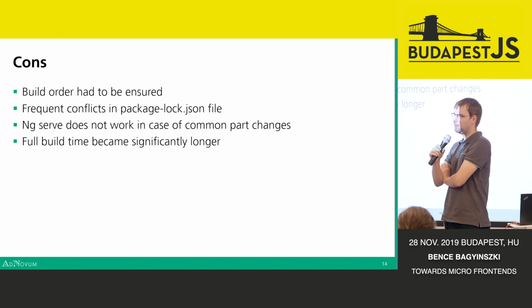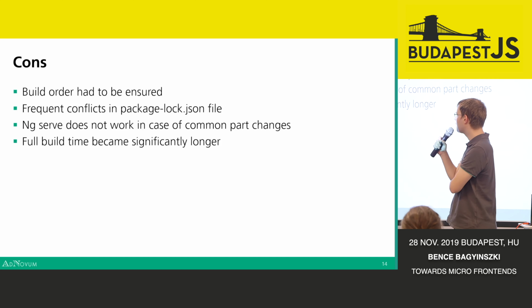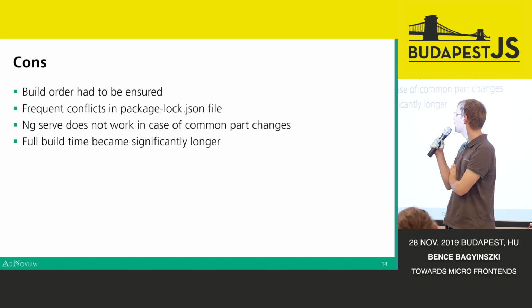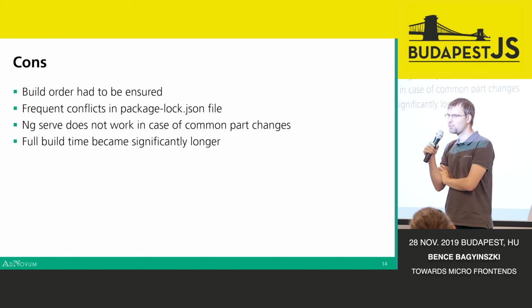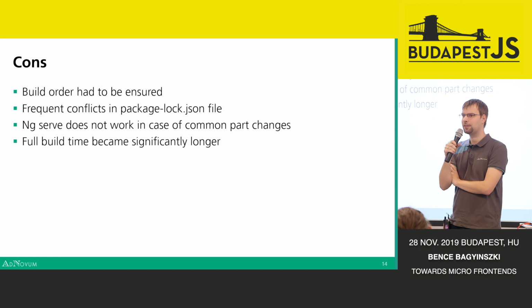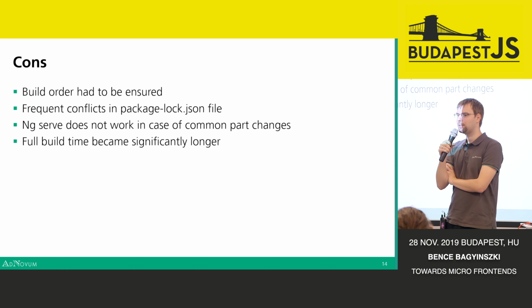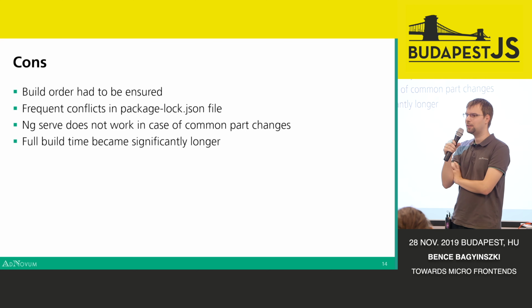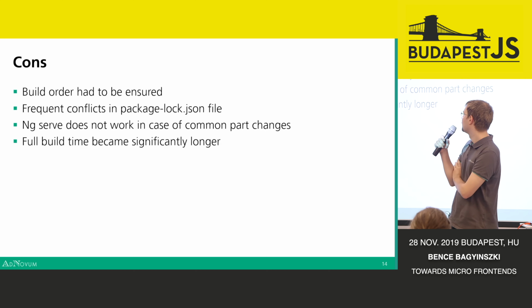And now about the problems. Well, first of all, the build order had to be ensured. So, of course, the common parts had to be built first, and only after that the applications could use them.